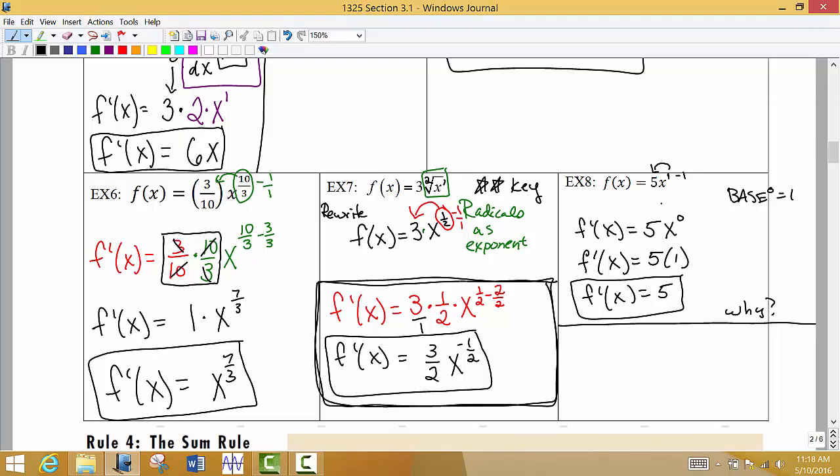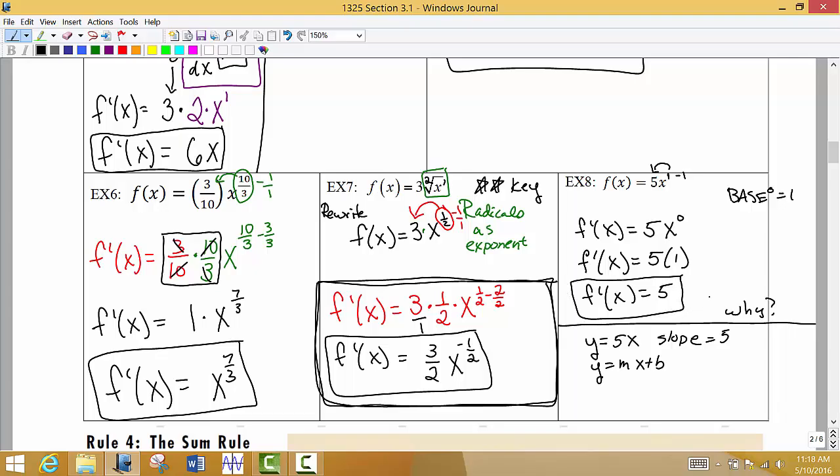Let's go back to the idea of f of x equals 5x. This is the same thing as y equals 5x. If you think about this, this is like y equals mx plus b. What is the slope of this line? This is a line with a slope of 5. Lines have a constant slope, so at any x value along the curve, it doesn't matter what x value I pick, the slope of the tangent line will always be 5.